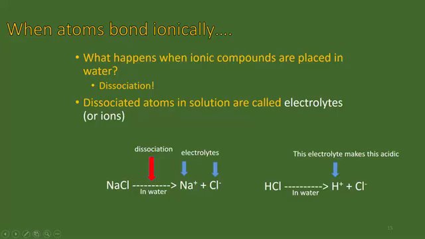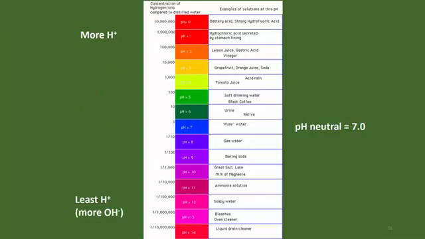pH is essentially how much hydrogen ion is in that solution. The more the hydrogen ion, the more acidic. The fewer, the less acidic or more basic. This is a general diagram of the pH scale, which goes from 0 to 14, 0 being very acidic, 14 being very basic or alkaline.